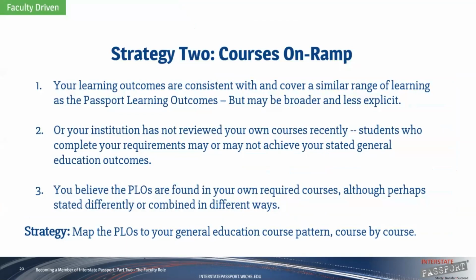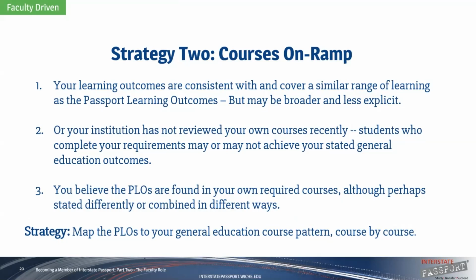The second strategy that we're going to talk about is, number 1, if your learning outcomes, again, are consistent with and cover a similar range of learning as the Passport learning outcomes, but perhaps your learning outcomes are broader and less explicit than the Passport learning outcomes. So you can't be sure at the beginning that they really are all included.